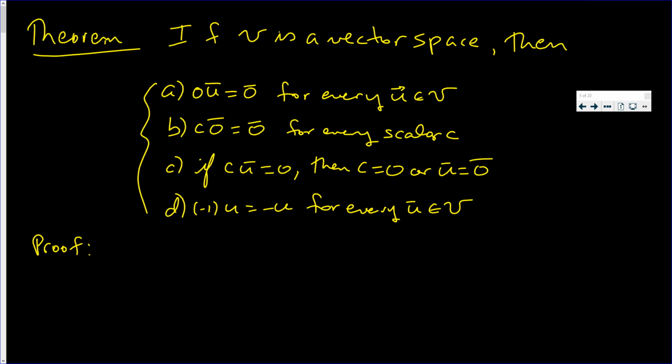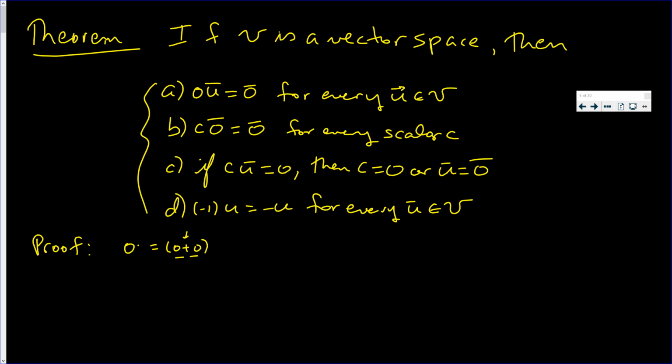Now, we know that 0 is equal to 0 plus 0. Nobody's going to deny that, because these are just real numbers. That addition is normal. That addition is normal. Okay?